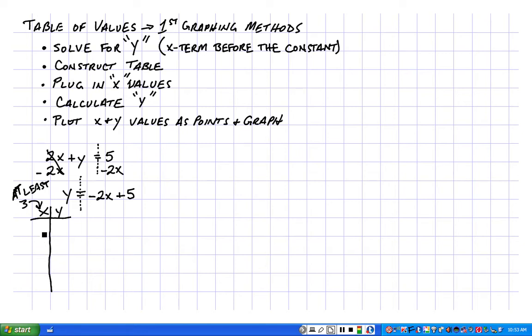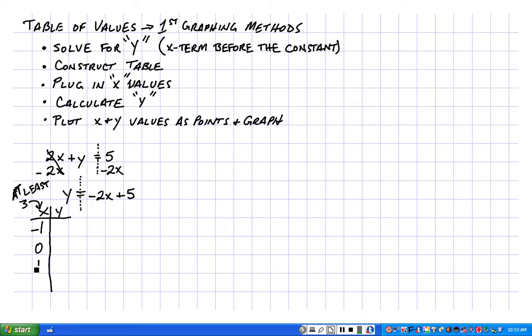However, I suggest that you use -1, 0, and +1. Those are the numbers that are most commonly used, other than maybe 1, 2, and 3. -1, 0, and +1 are the numbers that I suggest you use when you're constructing your own table of values for your x values. Okay? Because it's just easy to add, subtract, multiply, and divide with 1s and 0s. So it just makes our calculation easier.